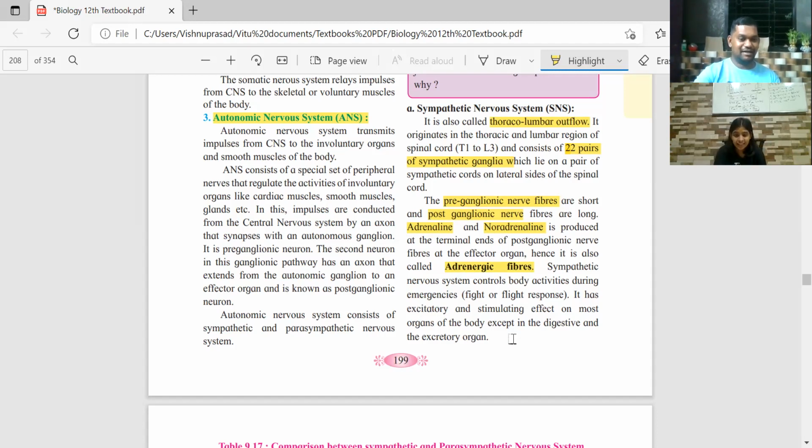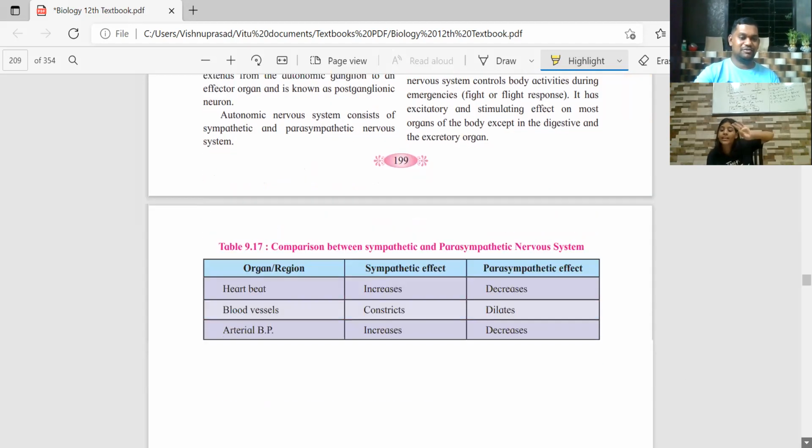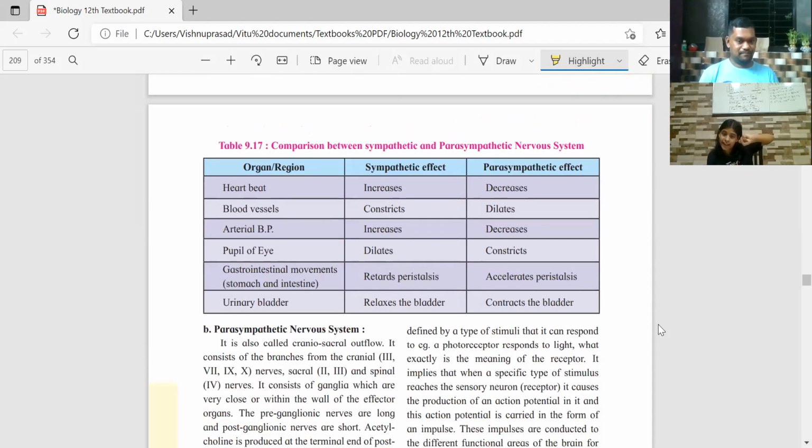All this excitatory and stimulatory effect is brought about by it. So: fight, flight, and fright.